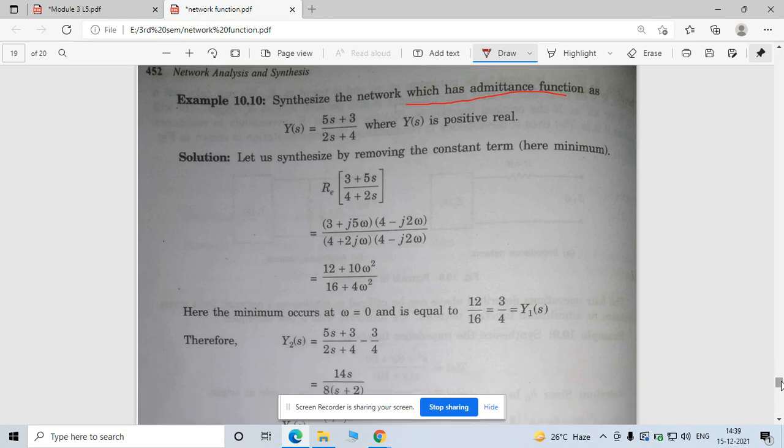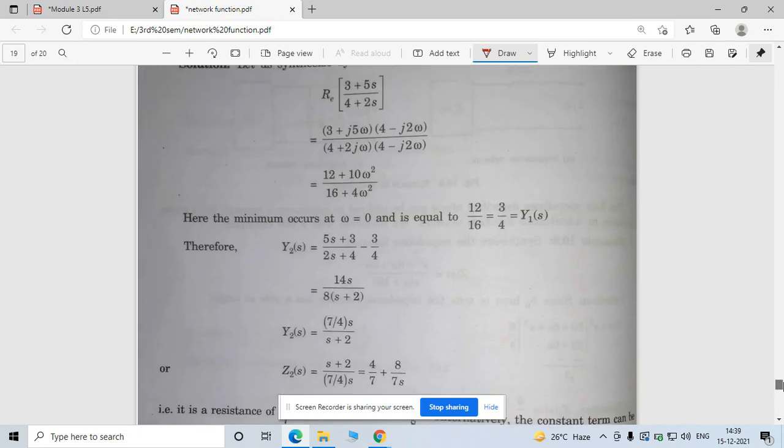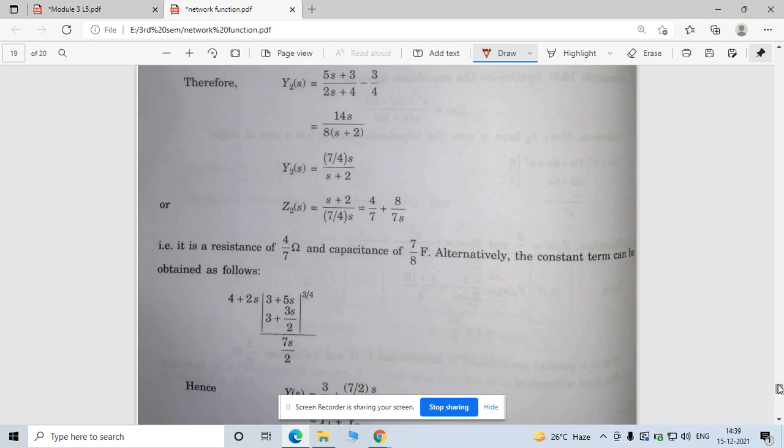So now see, when you observe this circuit, you generally have to observe that some constant term is present in it. So there are two methods for solving this circuit. So how to solve this? See, there are two methods. We are going to see them one by one.